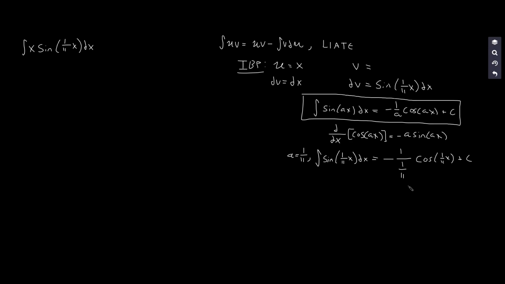And then, well, that's the same thing as negative 1 over 1 times 11 over 1, because you're going to reciprocate, cosine of 1 over 11x plus c. And that's just going to be negative 11 cosine of 1 over 11 times x plus c.